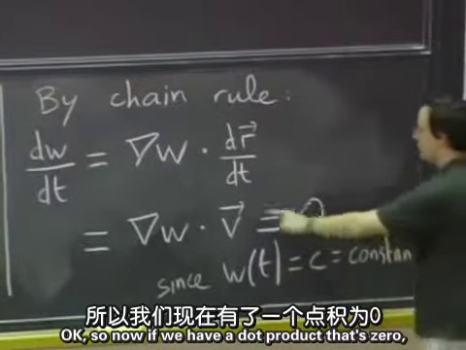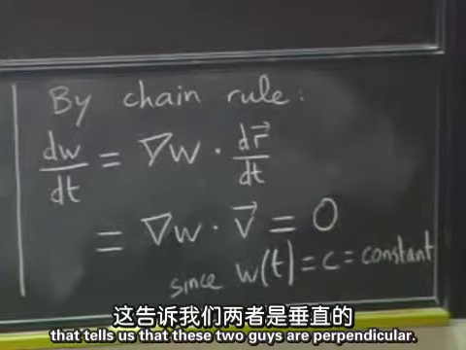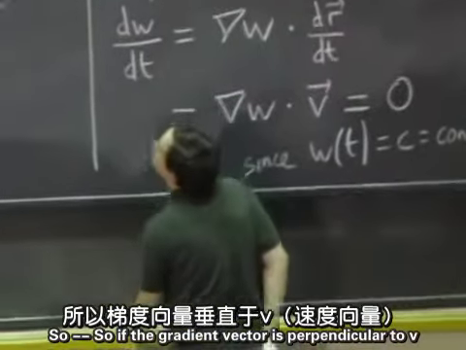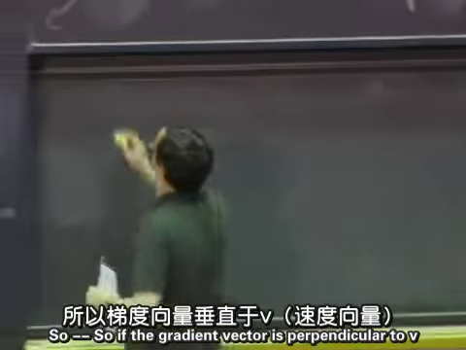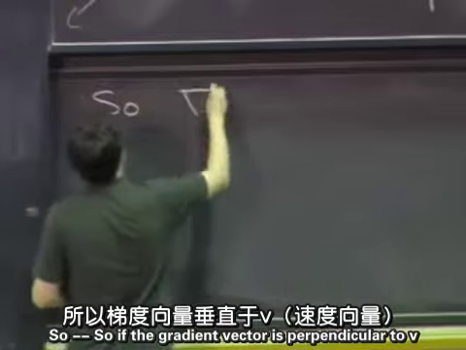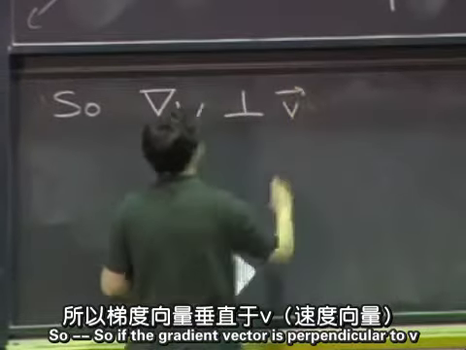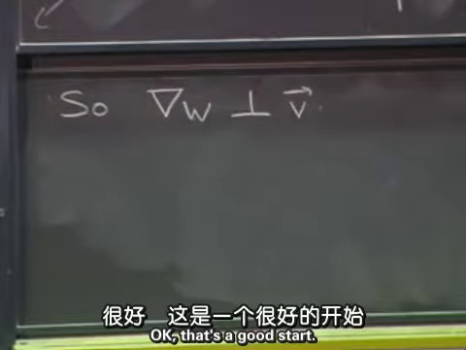Okay, so now if we have a dot product that's 0, that tells us that these two guys are perpendicular. So the gradient vector is perpendicular to V. Okay, that's a good start.